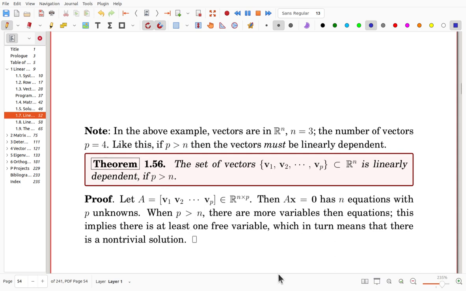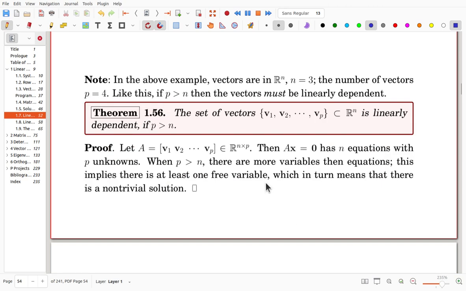Here we have a proof, but the proof is based on the comment I made. When p is larger than n, there are more variables than equations. This implies there is at least 1 free variable, which in turn means that there is a non-trivial solution.